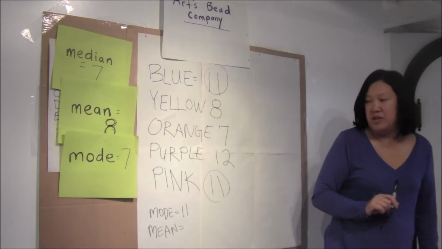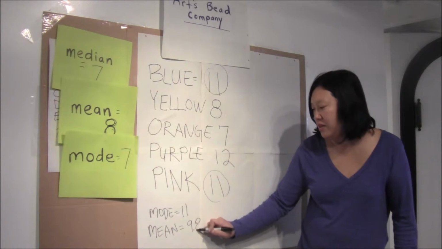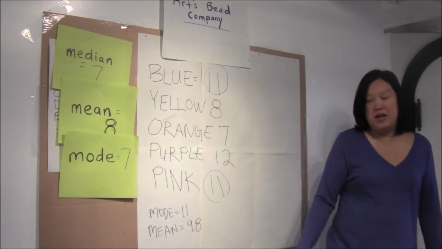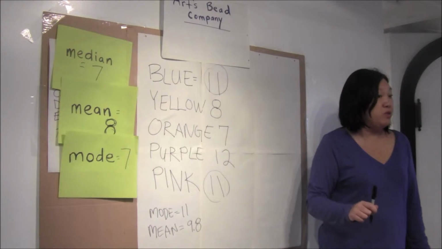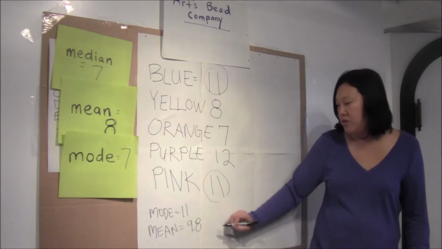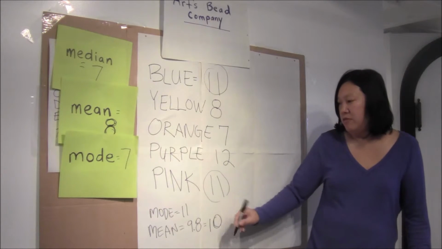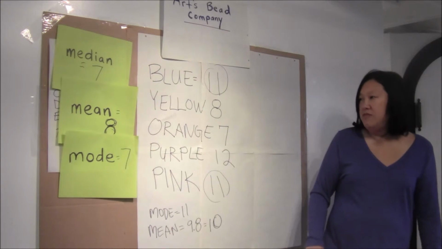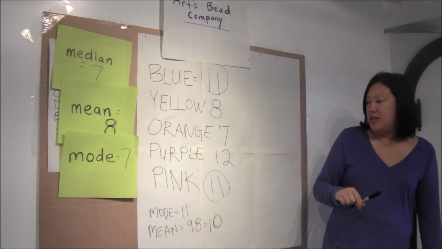I got 9.8. Zach, so that is what you got too? Yes, a 9.8. Good. So we have a 9.8, and we'll just round up to get our whole number. So we're going to make this a 10. So we've got a mode of 11, a mean of 10, and now we want to calculate our median.